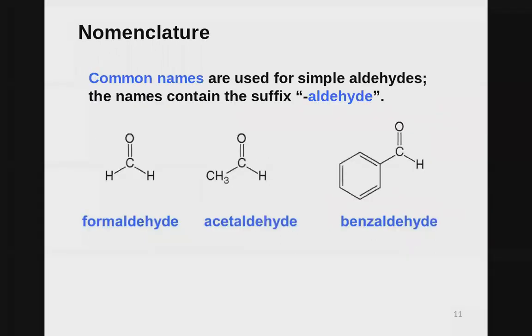So for aldehydes, now, there are common names typically used for simple aldehydes that we commonly see. And they're typically the names containing the suffix. So, formaldehyde, you guys probably recognize, preserves corpses, carcinogenic. Formaldehyde typically looks like CH2O.